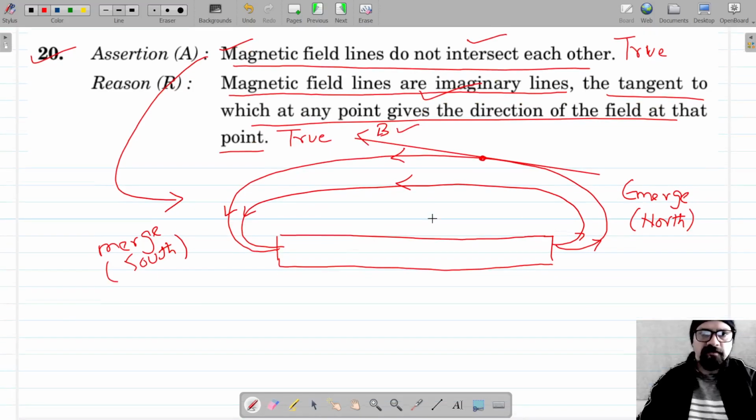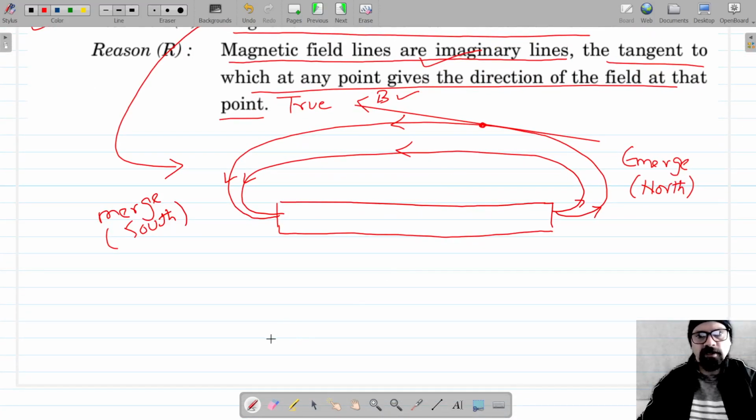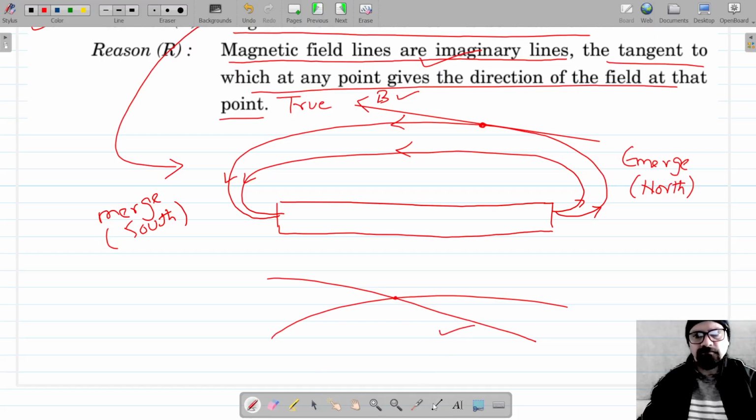Now let's say these two magnetic field lines intersect each other. This is the common point for both magnetic field lines, and for this line, the direction is given by the tangent drawn to it.